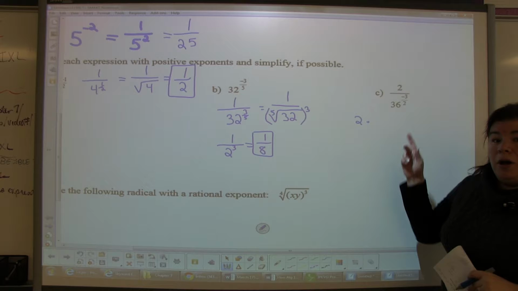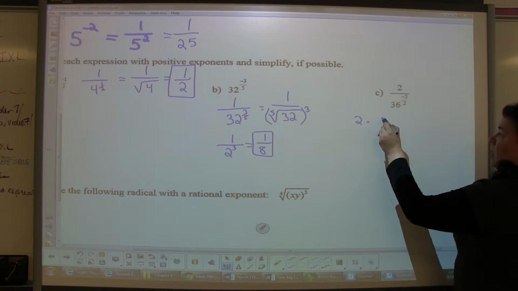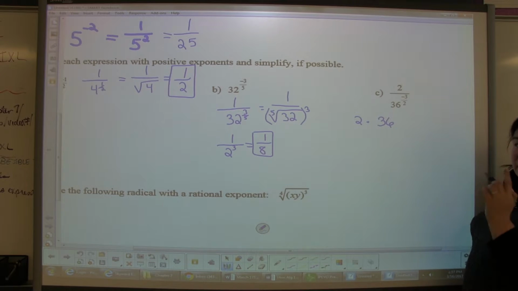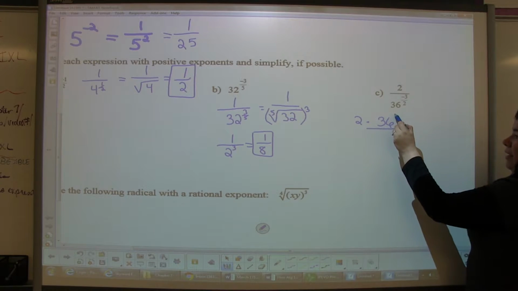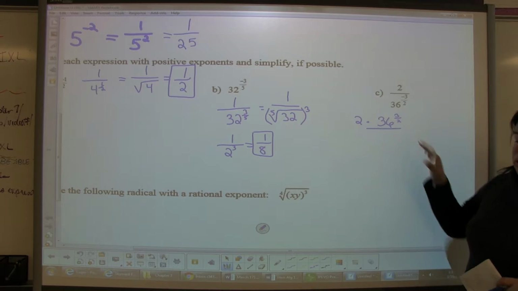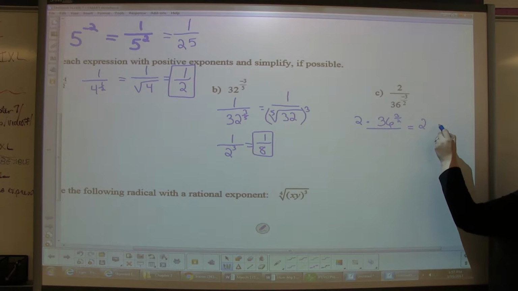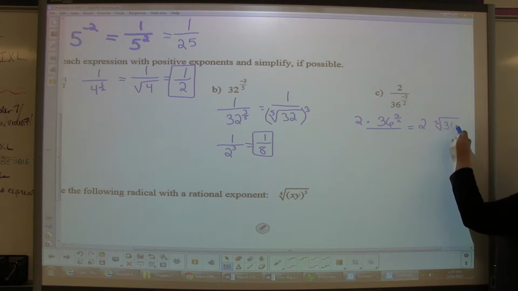So we're going to end up multiplying at the end by 2. We're going to bring this 36 up to the numerator and raise it to the positive 3/2 power. We can rewrite this as 2 times the square root of 36.